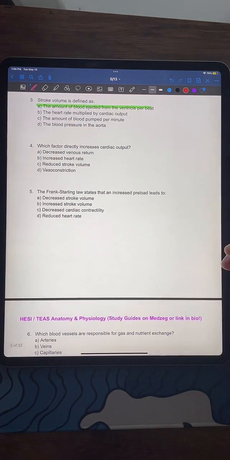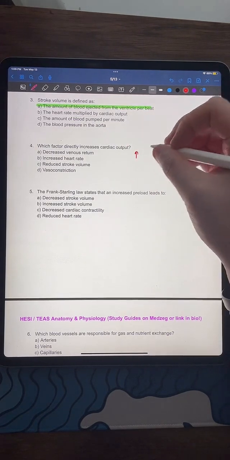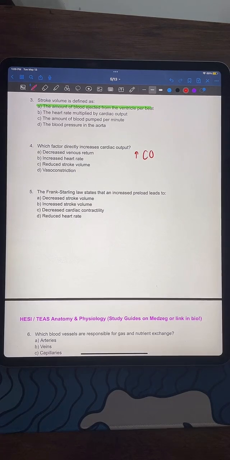Number 4, which factor directly increases cardiac output? So why is it not B?